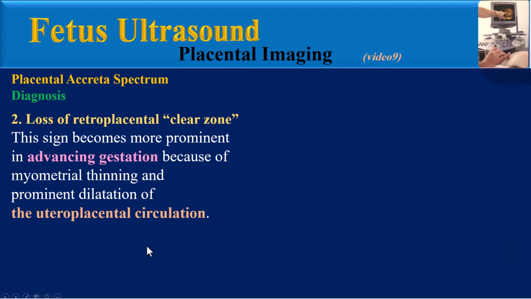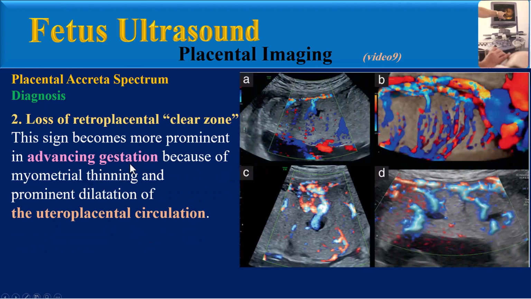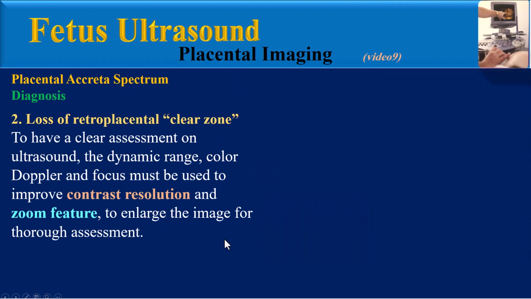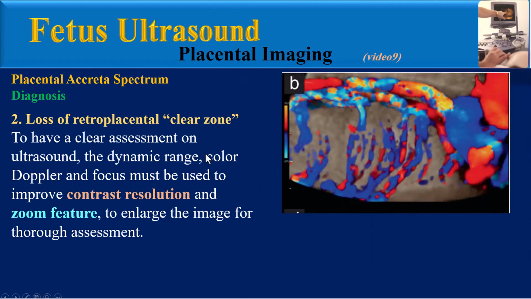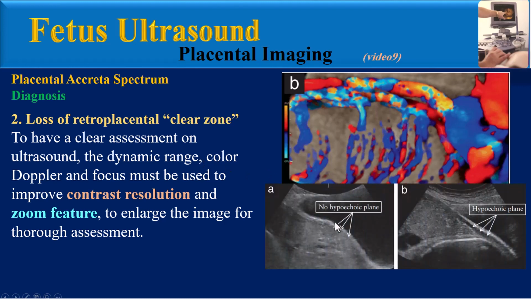This sign becomes more prominent in advancing gestation because of myometrial thinning and prominent dilatation of the uteroplacental circulation. To have a clear assessment on ultrasound, the dynamic range, color Doppler, and focus must be used to improve contrast resolution, and the zoom feature to enlarge the image for thorough assessment.